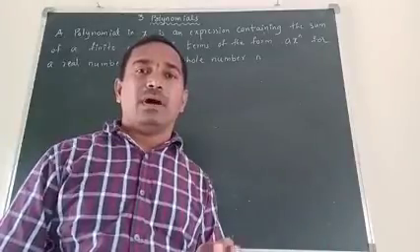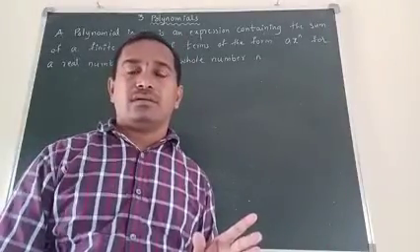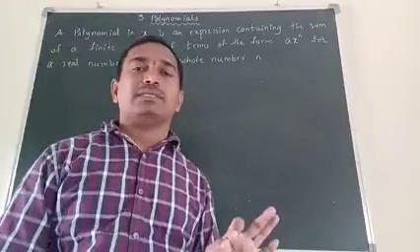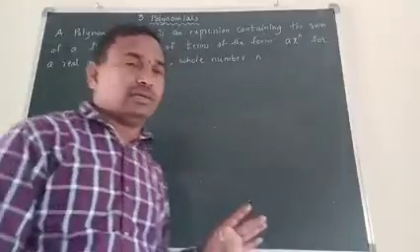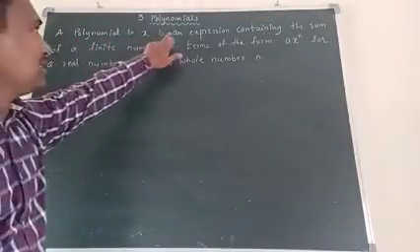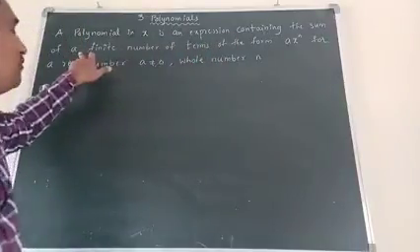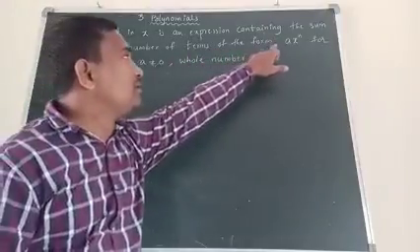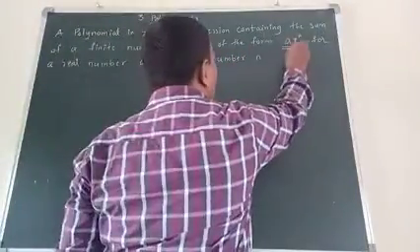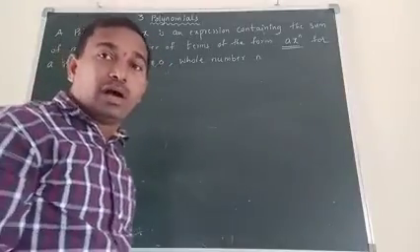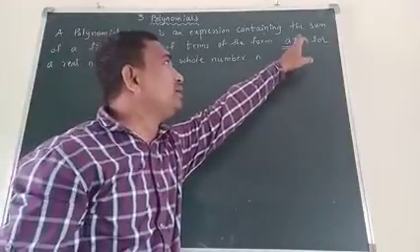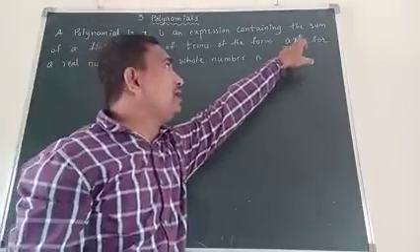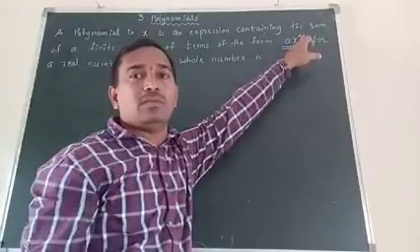The terms are in the form a into x power n, where a is a real number not equal to 0 and n is a positive integer or whole number. A polynomial in x is an expression containing the sum of a finite number of terms of the form a into x power n, where a is a real number not equal to 0 and n is a positive integer or whole number.